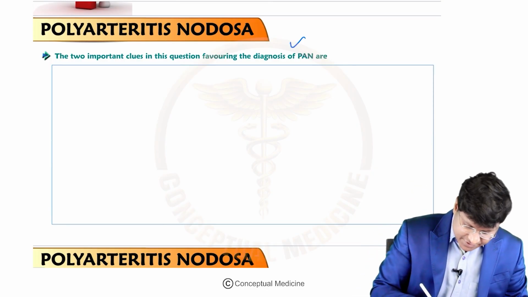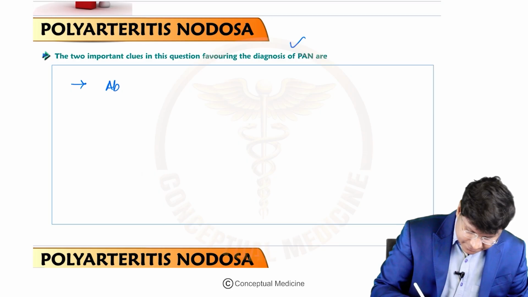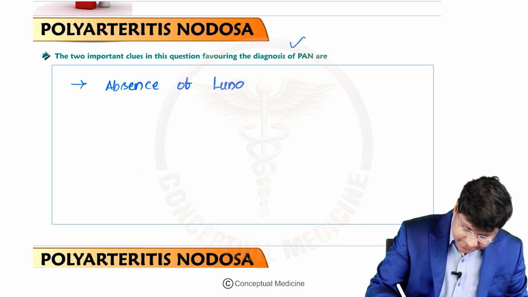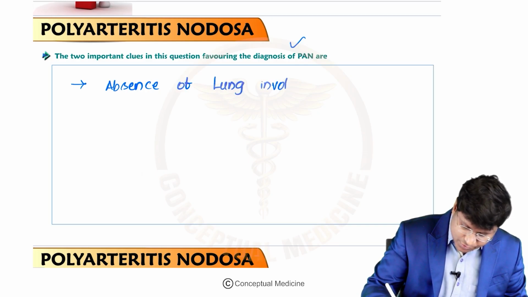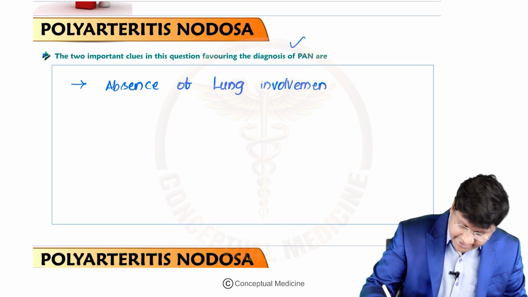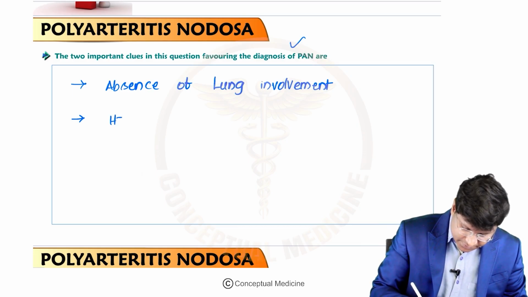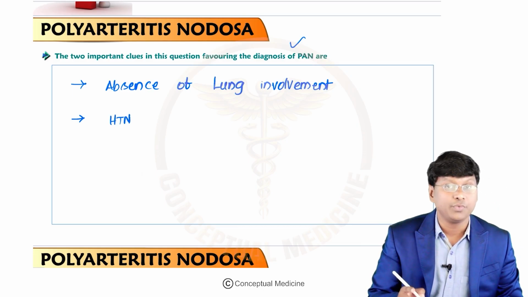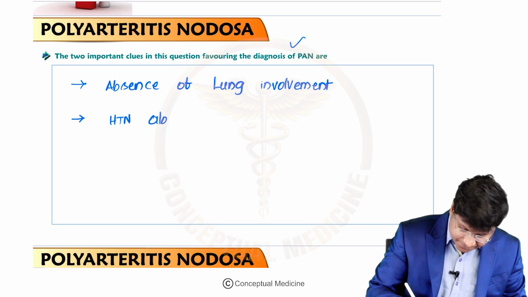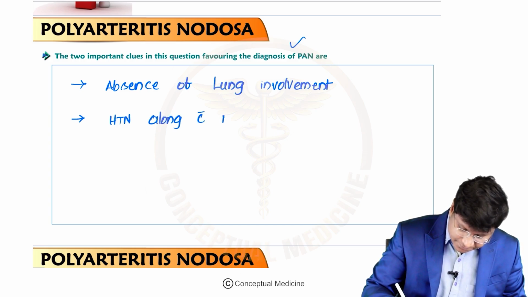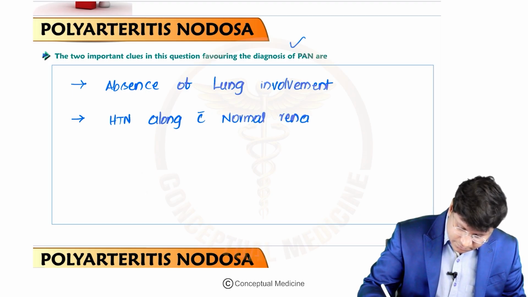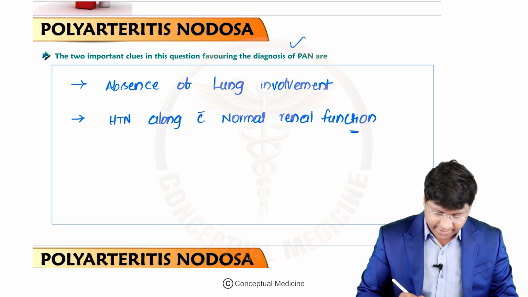Number one, the absence of lung involvement. Lungs are spared in patients with polyarteritis nodosa. And number two, there is hypertension along with normal renal function.